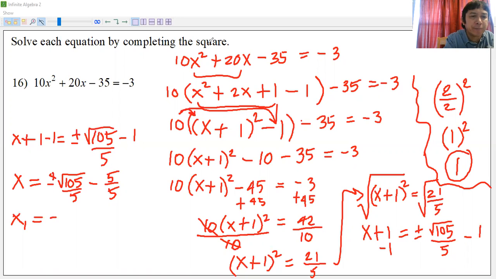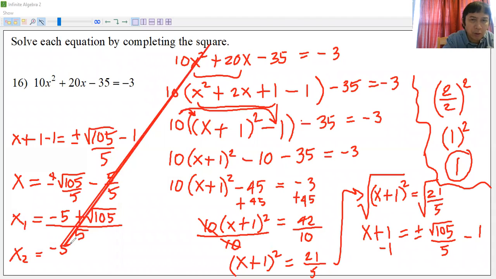Our x1 can be written negative 5 plus the square root of 105, with a common denominator 5. And then our x2 we can write as negative 5 minus the square root of 105 over 5.